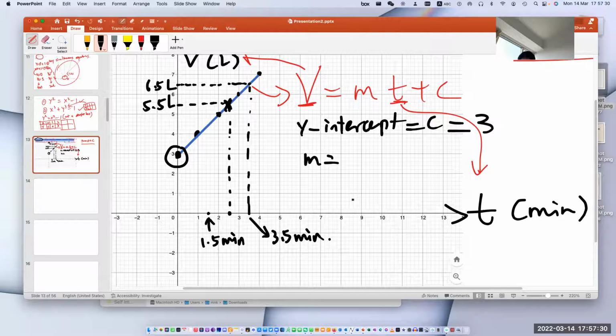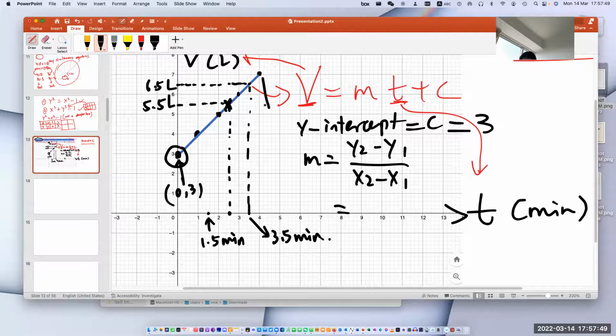Okay, pretty simple. What is the m, gradient? So use the formula y2 minus y1 over x2 minus x1. So what's your y2 and x2 here? Choose 2 points. So let me choose this as my x1, y1. This is my 0 and 3. Then let me choose this point. This is my 4 and 7.